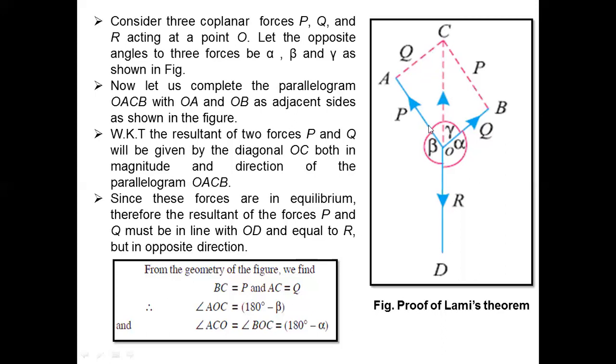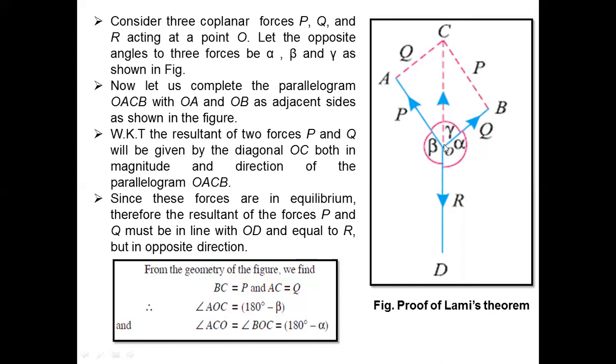To prove Lami's theorem, I want to know the angle made by each pair of these forces, because here triangle OAC is equal to triangle OBC. So from the geometry, we have to figure out the angle at A, the angle at C, and the angle at O. To prove that, we have taken the angle AOC.